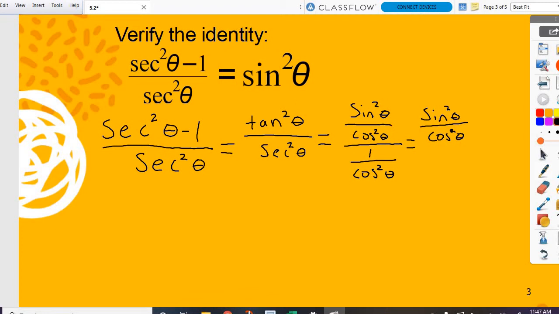You take the bottom fraction, flip it, and multiply it. So I multiply by the reciprocal? Yeah. Or we keep it, change it, and then flip it.